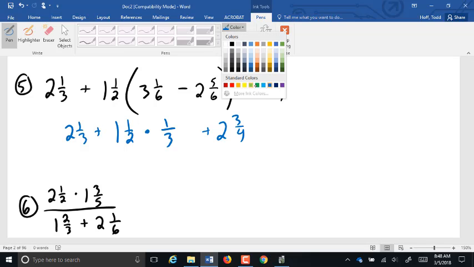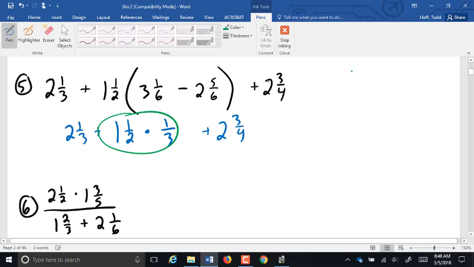Now we have the multiplication to do here. 1 1/2 times 1/3. 1 1/2 becomes 3 over 2 times 1/3. 3's cross cancel, give me 1 and 1, that's 1/2. So that becomes 1/2 there.